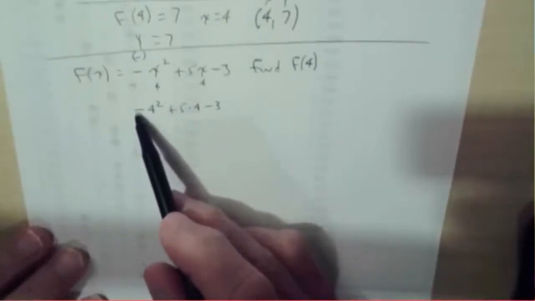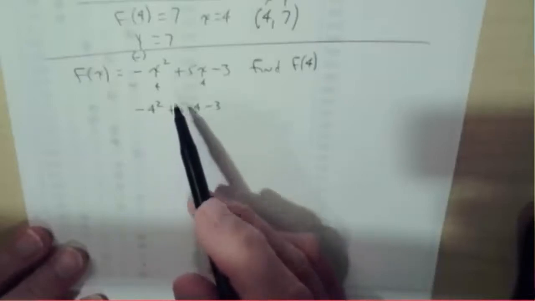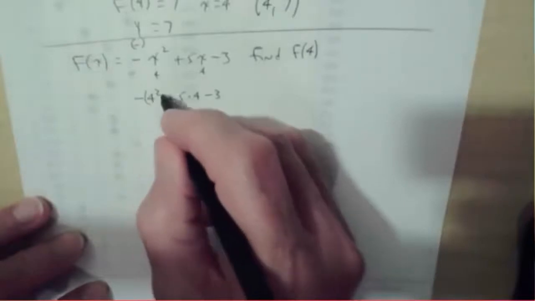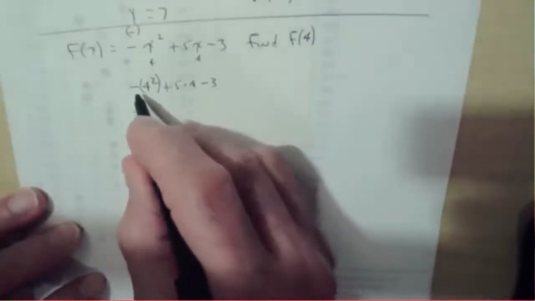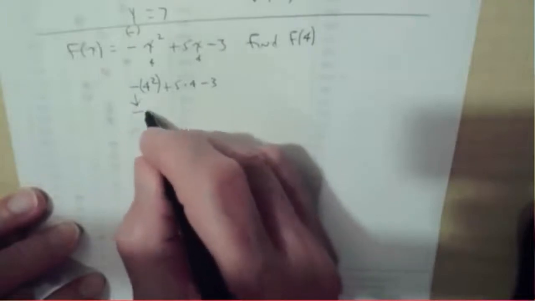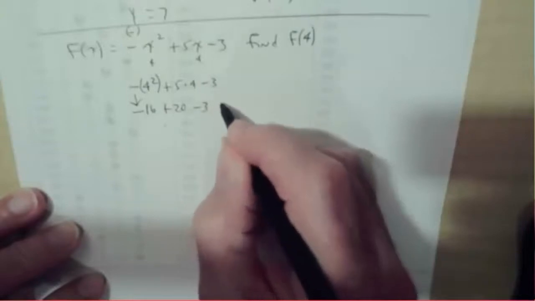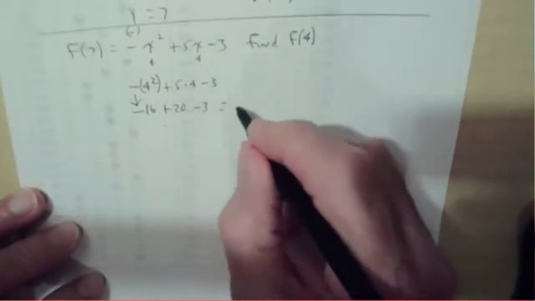This is actually saying subtract 4 squared, so this would be in parentheses. So we have negative 16 plus 20 minus 3, which is 4 minus 3, which is 1.